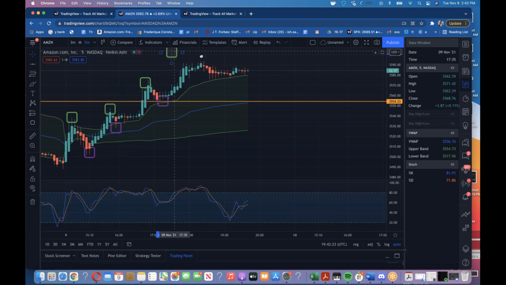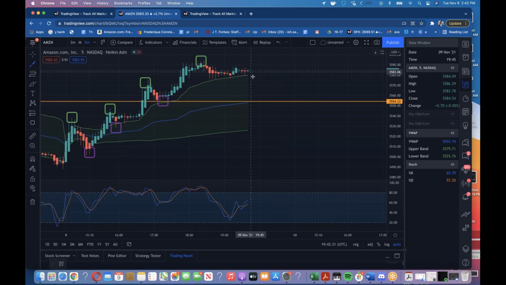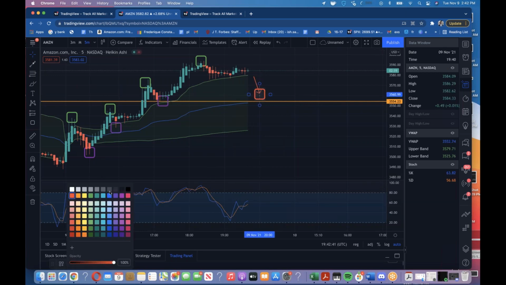We've talked about this multiple times now, but I just want to show it now with VWAP. Right here, the stock can come down and potentially make a higher low right around here.